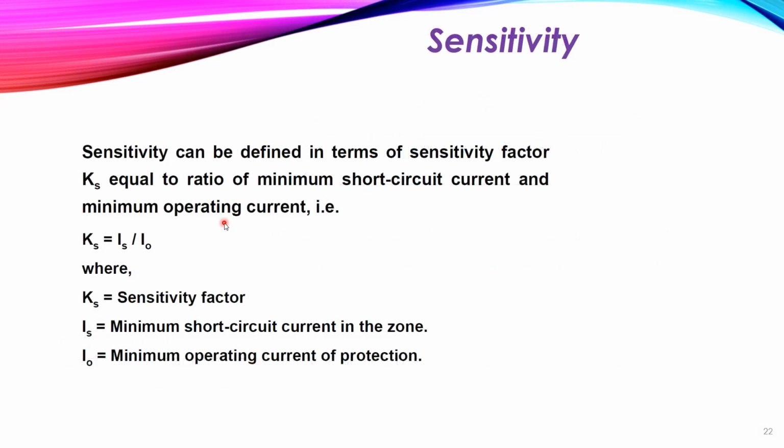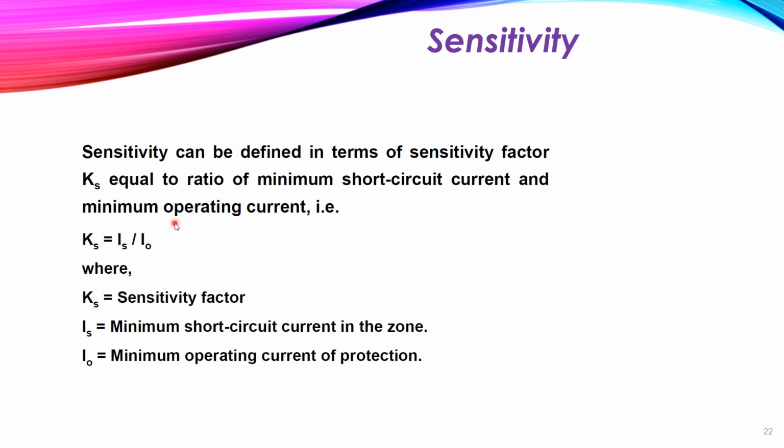The sensitivity can be defined in terms of a factor called the sensitivity factor, Ks. Ks is the ratio between the minimum short circuit current occurring in our protection zone over the minimum operating current of the relay.